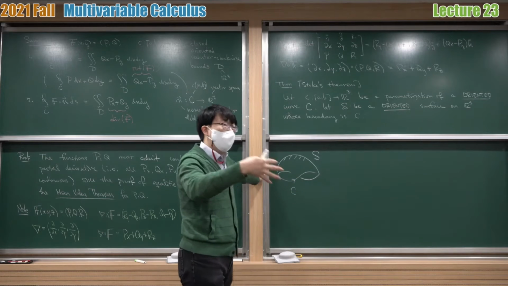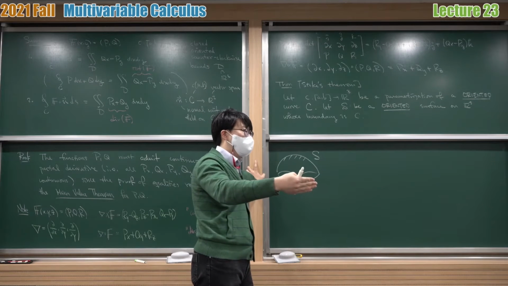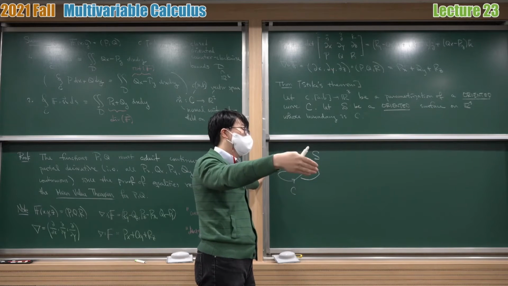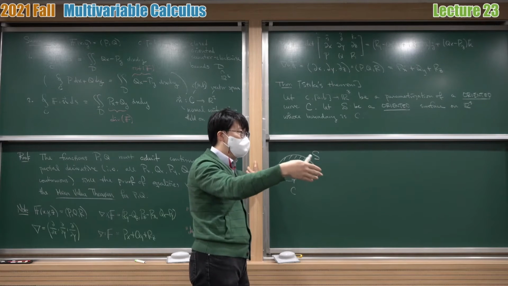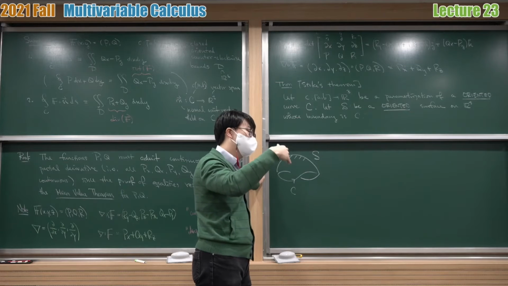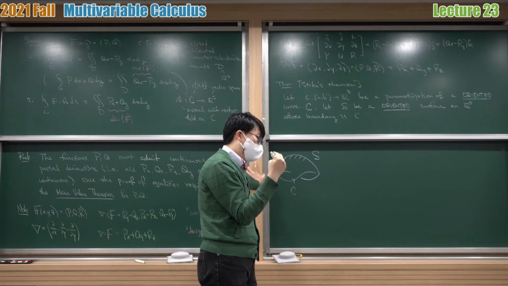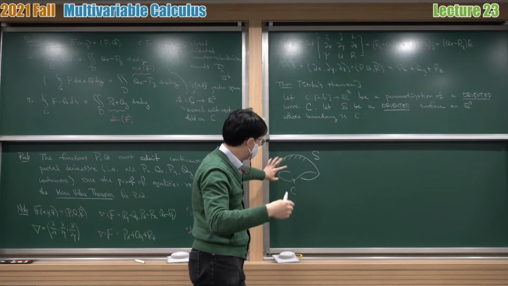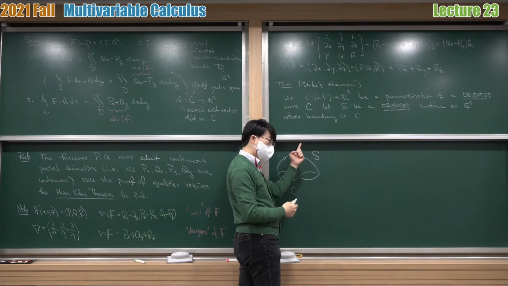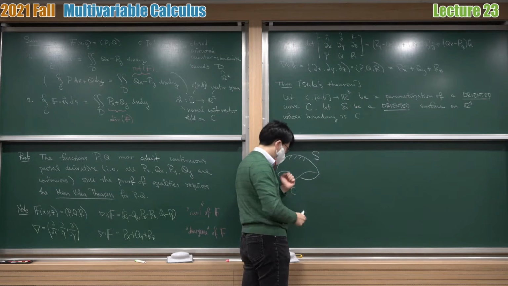But we said that whenever you have a surface, it actually applies to any dimensional manifold in a higher dimension. If you have a surface in three-dimensional space, then you can give either one of two orientations. In this case, you can give an orientation as upward or downward.